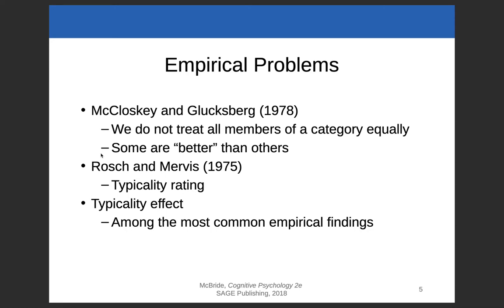A songbird, like a little robin, would be rated a highly typical bird, and a penguin would be rated low in typicality. From this we've come up with a typicality effect, a result where the more common members of a category show a processing advantage.